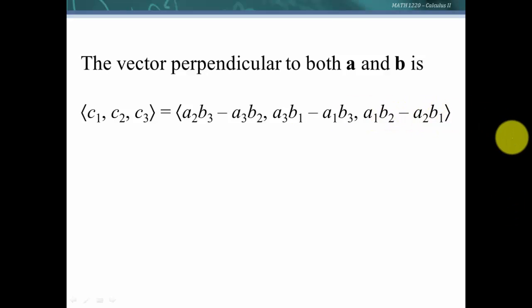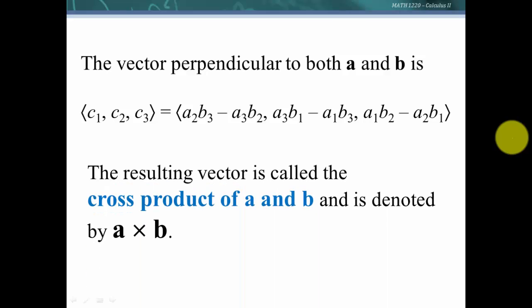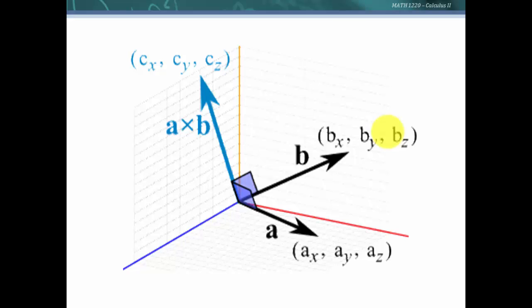So this resulting vector that is perpendicular to both A and B is called the cross product of A and B, and it is denoted as A cross B. We take these two vectors and cross them, we get a third vector, and this is how it is defined, and it is orthogonal to both A and B.